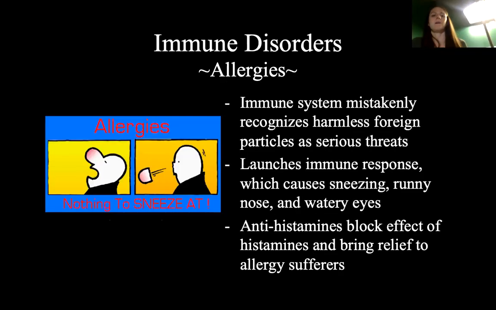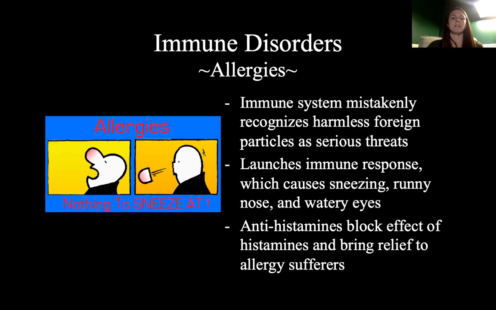All right, just really quickly, a couple immune disorders. Some of you might have allergies. Basically, allergies are an immune response from your body that occur when your body doesn't understand that dust or pollen or mold or grass or dander, whatever you're allergic to, isn't actually harmful. So your body still launches this immune response.